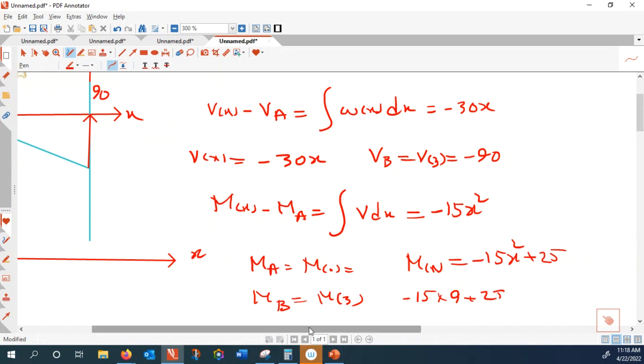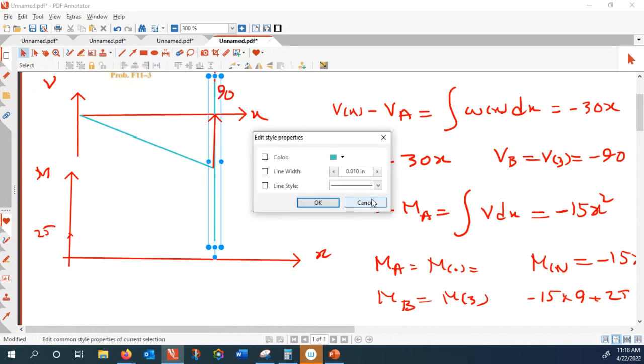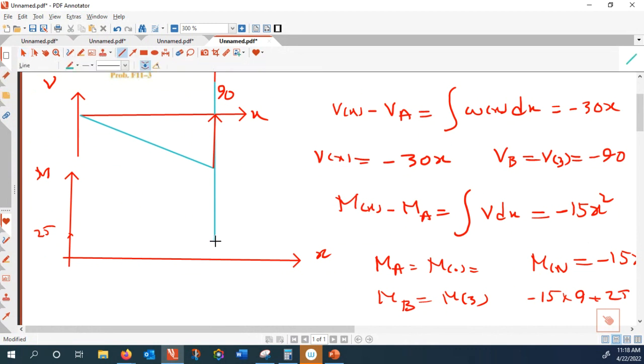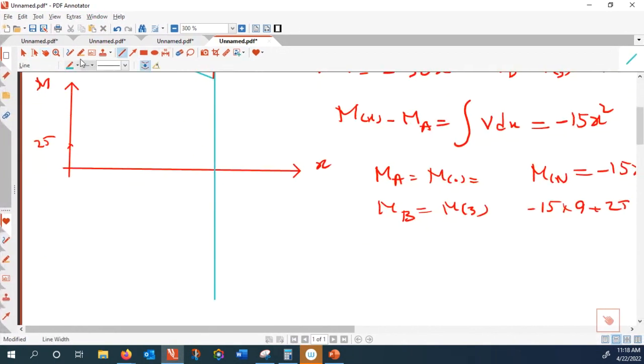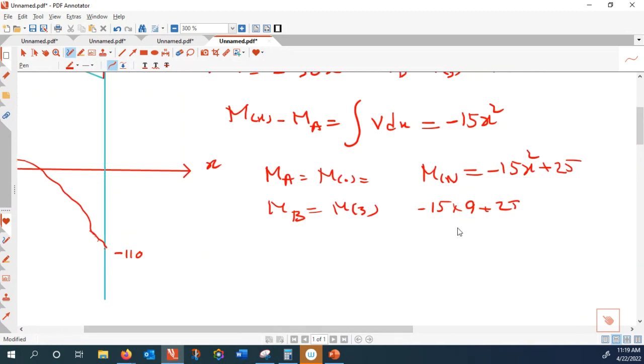So that means it goes from 25 down, okay, so that is how it is, and there should be a point where M of x becomes 0.